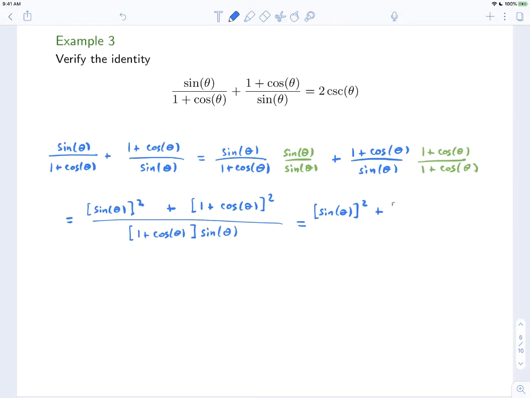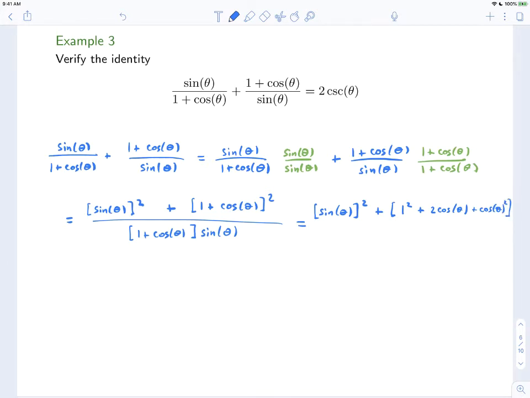So we're going to have 1 times 1 is 1 squared, plus 2 times 1 times cosine theta, plus cosine theta times itself, so cosine theta quantity squared.